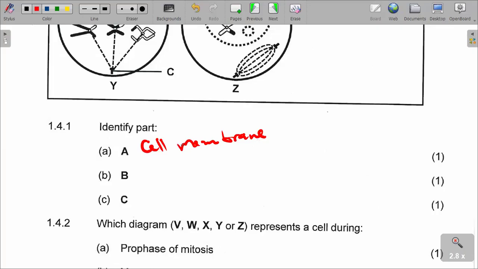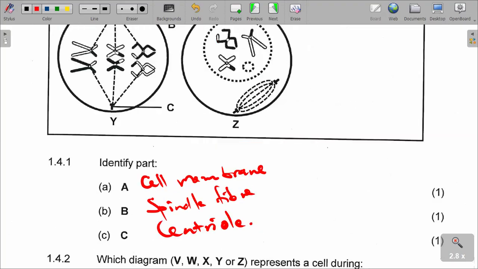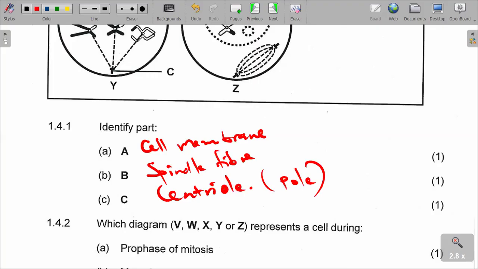B is the spindle fiber, which is there to control the movement of chromosomes in order to effect the process of meiosis. And then C is the centriole, which we can see there. Sometimes they can also call it a pole, from which the spindle fibers are attached in order for them to move and control the processes that we are talking about.